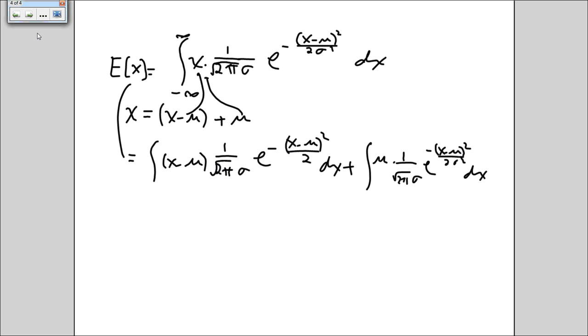From negative infinity to infinity on both of these integrals.